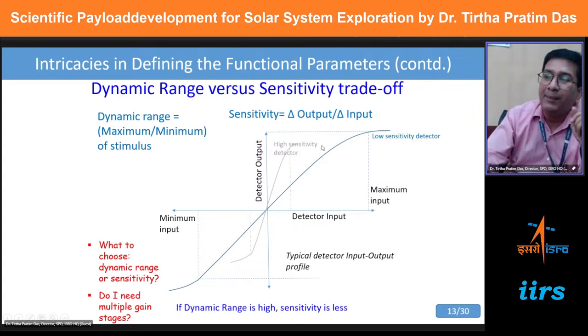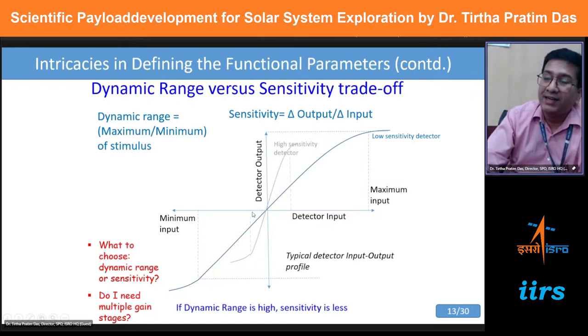These linear limits or nonlinear limits set in very fast on either side. So basically, if I draw a line from here, wherever it started getting nonlinear, on the higher side and the lower side, this range is the range where your detector works in a linear fashion.